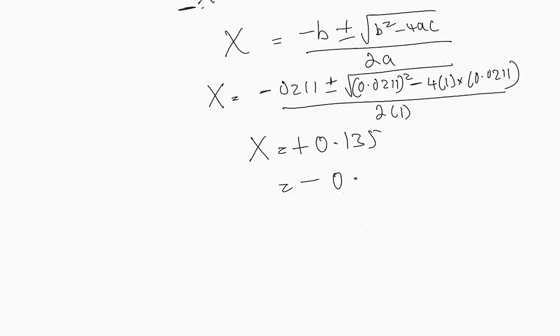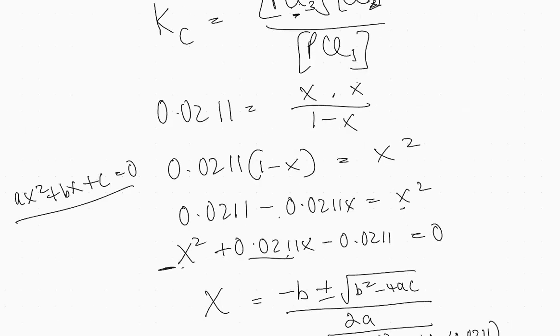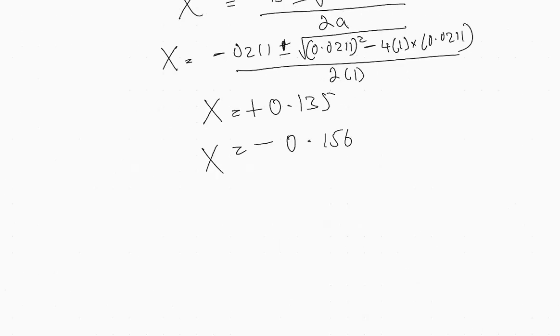If you do one set with positive, the other set with negative, then you get 2 answers. So when you look at it, the concentrations can't be a negative value, right? Because x means an actual value. So actual value, you can't say there's nothing or negative value. So we take this as the meaningful expression. So you get the answers.